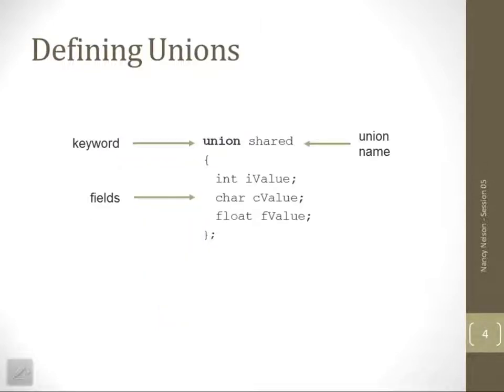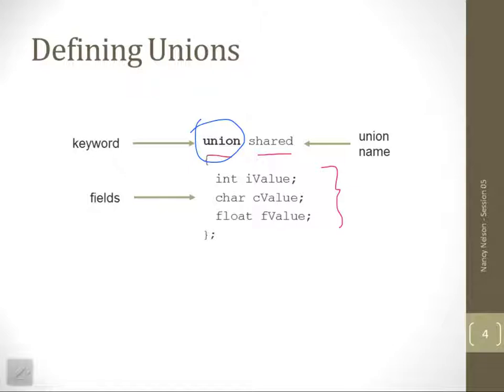So let's take a look at how we define unions. Just like structures, we need to define a union before we can reserve memory for it. We start with the keyword union, then give it a name. I'm going to call it shared, just so we remember that it's shared space. Then I define all the fields that I want to share that space. It looks very much like a structure. The only difference is that we use the keyword union instead of struct.